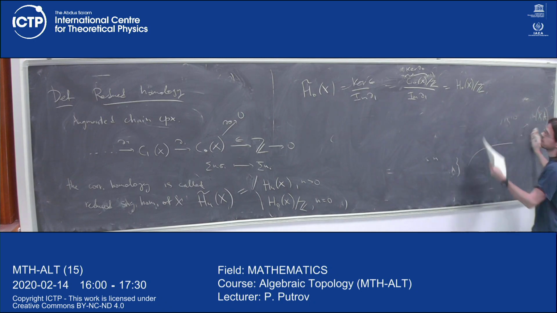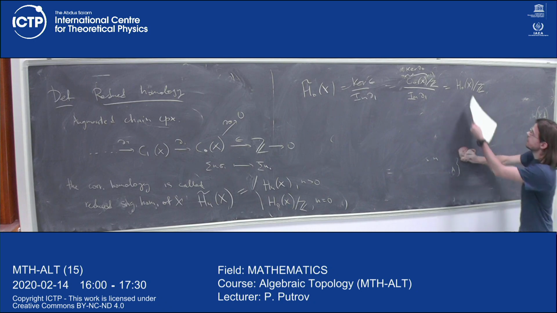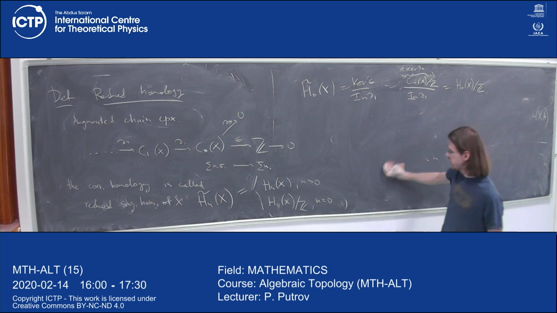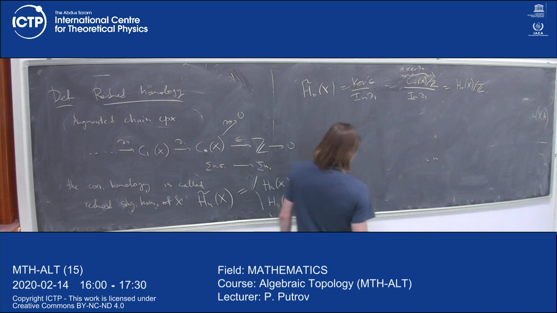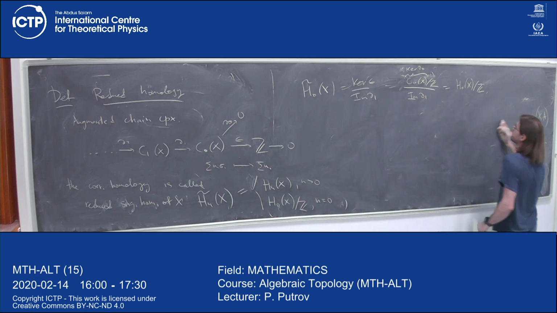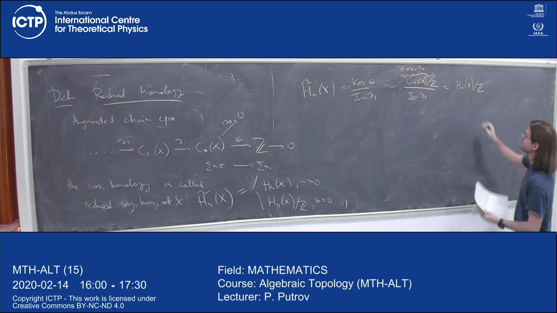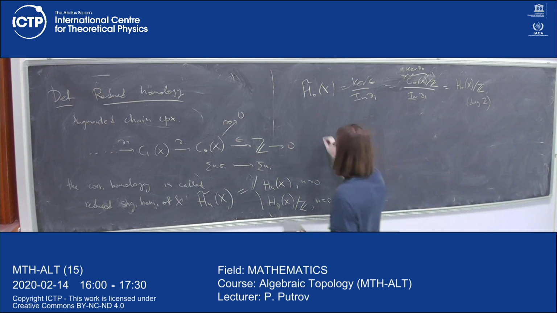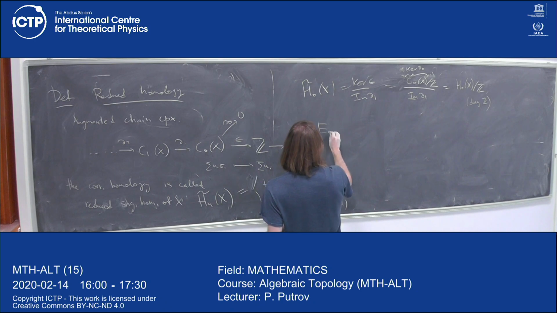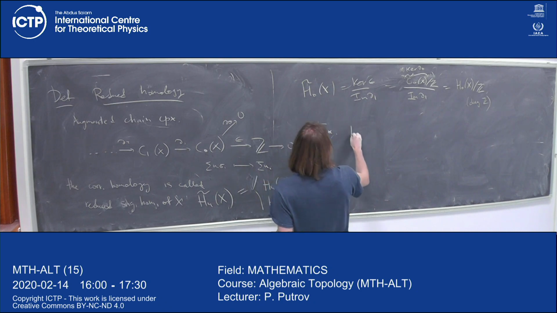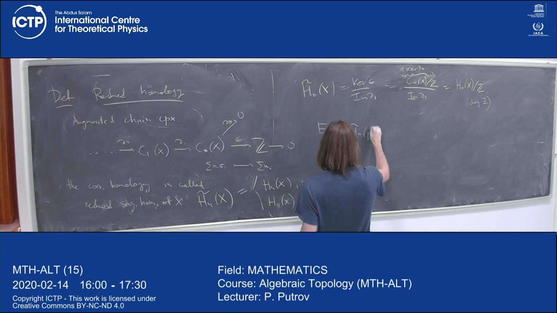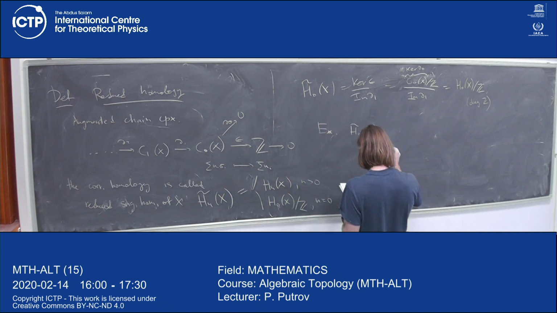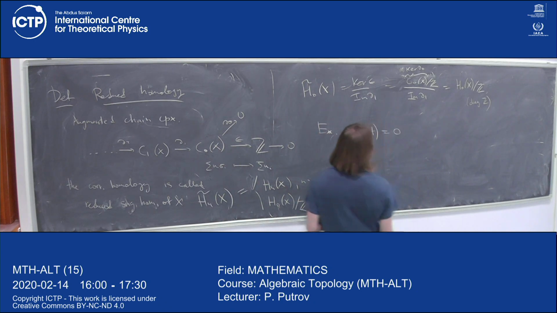In particular, we know that H0 of X is the direct sum of copies of Z corresponding to path-connected components. And this quotient can be understood as the diagonal Z. So if I take the reduced homology of a point, this will be 0.